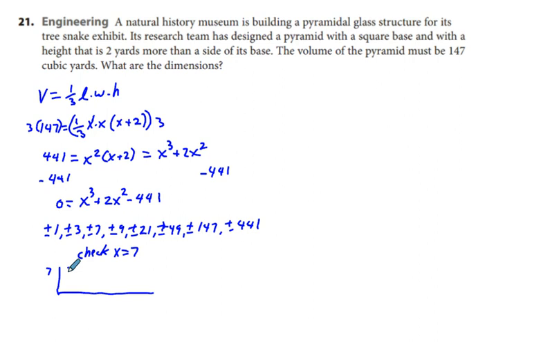And we're going to have 1x cubed plus 2x squared plus 0x minus 441. Yeah, I think that works out.